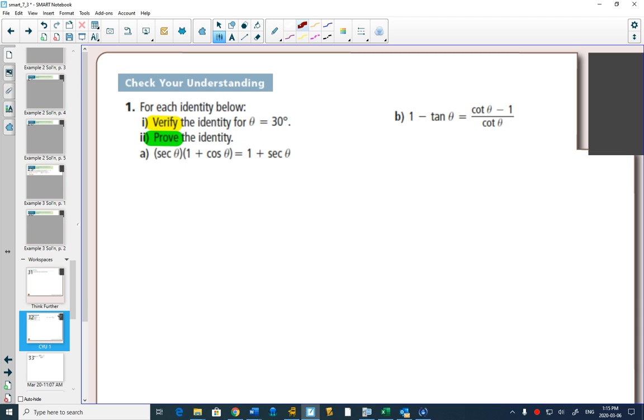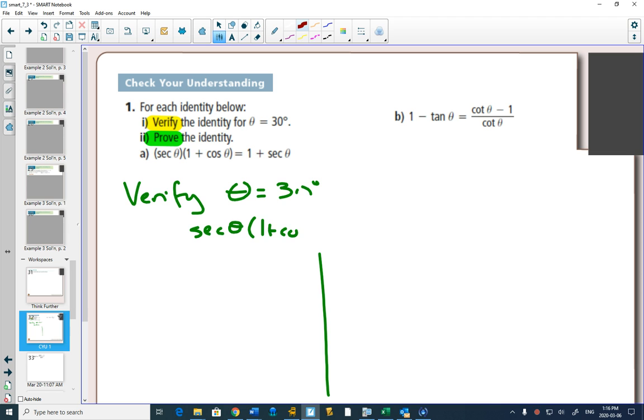So for A, they have secant theta times 1 plus cos theta equals 1 plus secant theta. We're going to verify it first. So in a verify question, we're going to verify theta equals 30 degrees. You still split it, or still rewrite it first, I guess. Rewrite secant theta times 1 plus cos theta equals 1 plus secant theta.